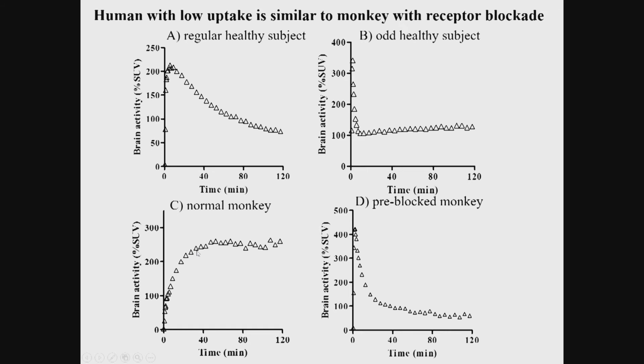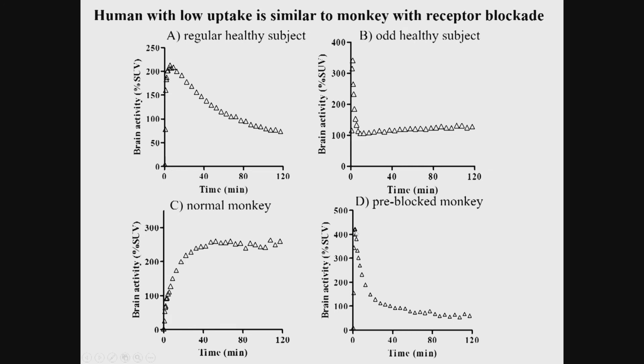So which do you think, by the way, has more TSPO, a normal monkey or a normal human? Well, because there was much more uptake that stayed a longer time, we've done the full quantitation, and the monkey has 10 or 20 times as many TSPO as a healthy human.